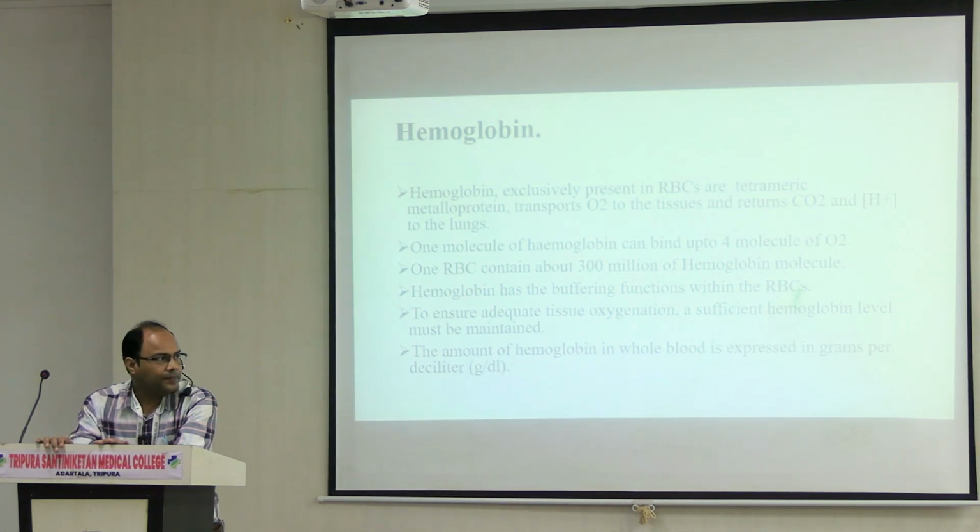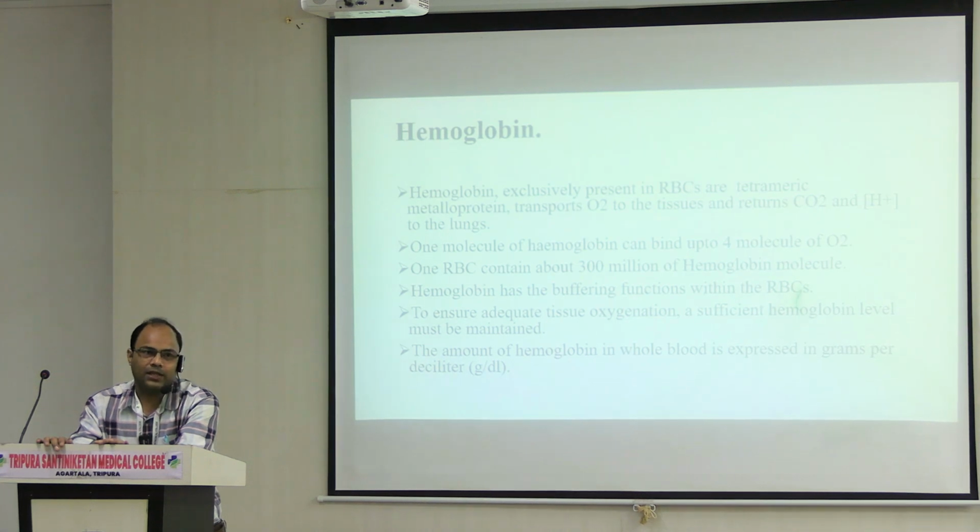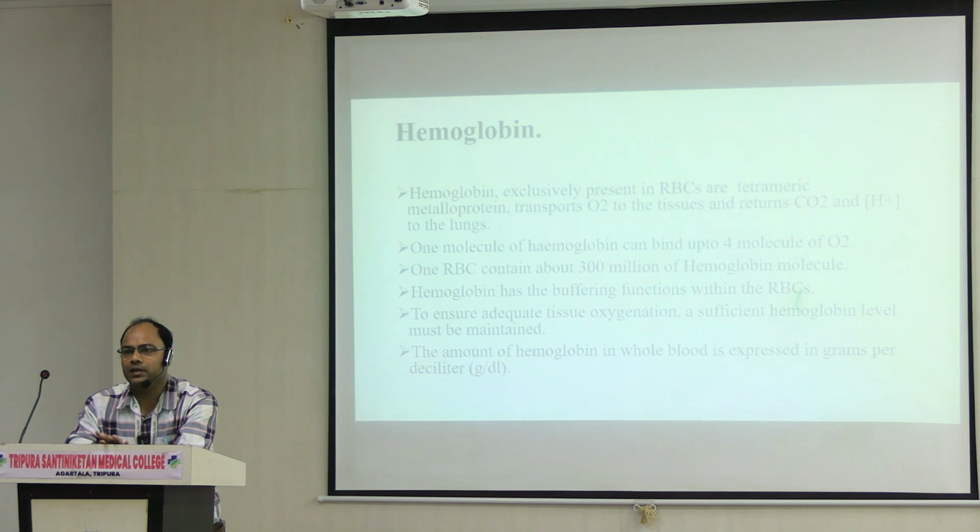But unfortunately, in our India, the majority of ladies in the reproductive age group suffer from anemia. They have a hemoglobin level less than 10 gram %. 10 gram per deciliter. Okay, so this is very common in rural India, rural areas.